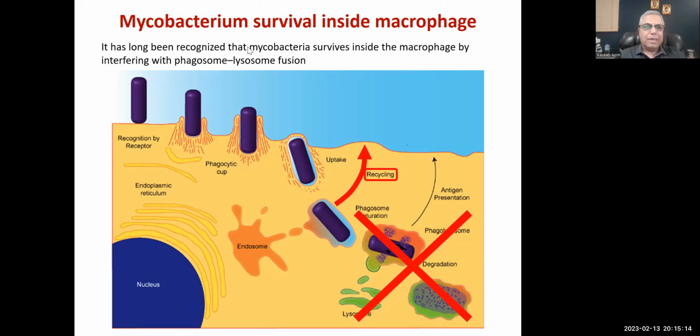So it has long been recognized that mycobacteria survive inside the macrophage by interfering with phagosome-lysosome fusion. All right. So that is why what mycobacterium does is it does not get digested by the lysosome, and it triggers a strong immune response.